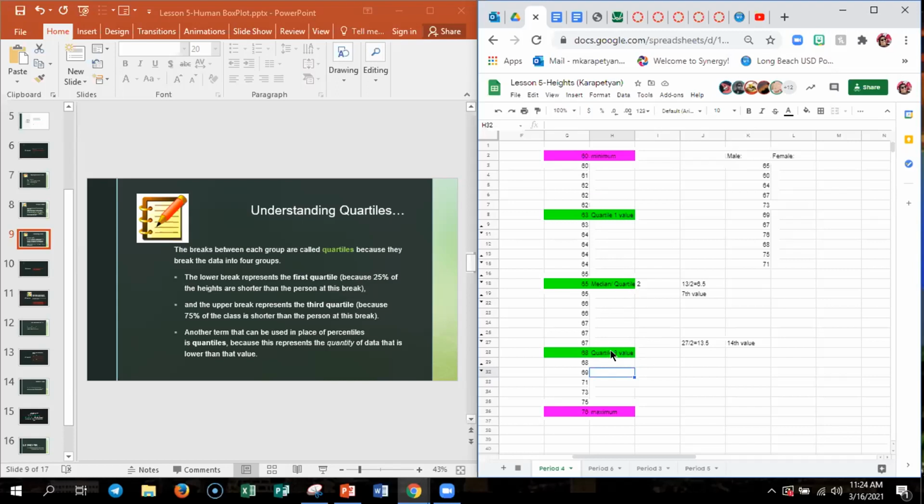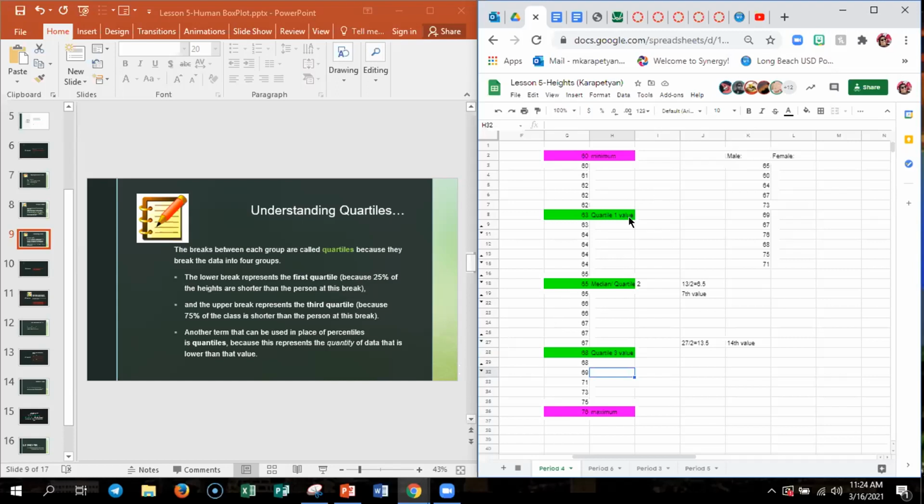When you get the Q3 value, you know that 75% of your data is less than that value. And then, when you hit your maximum, which is also known as your quartile 4, 100% of your data is going to be less than or equal to that amount, because that's your maximum at that point.